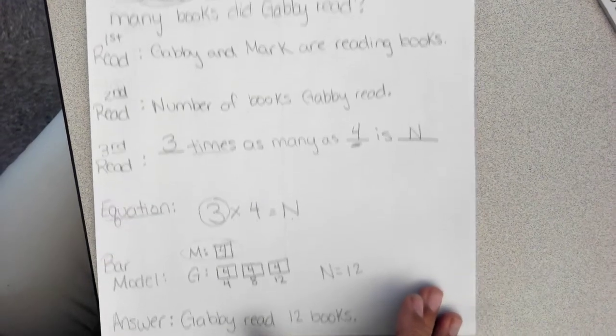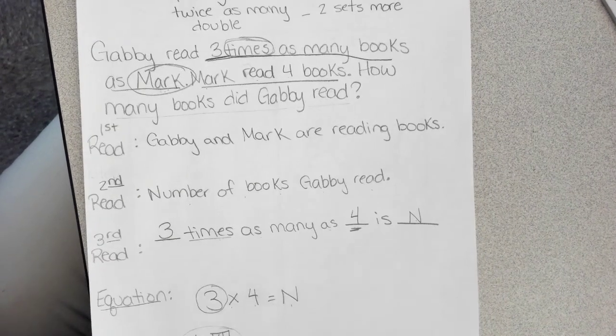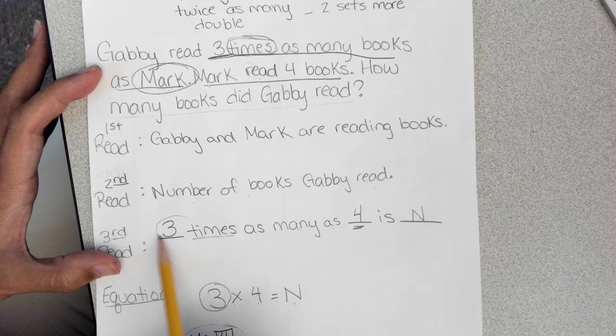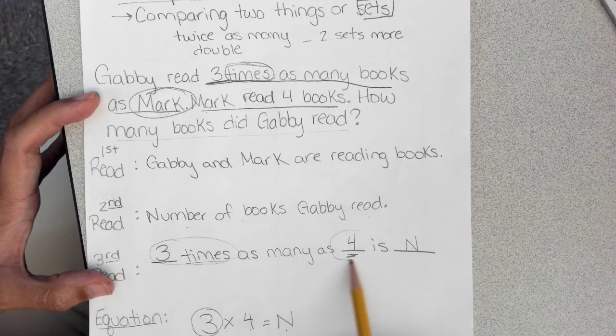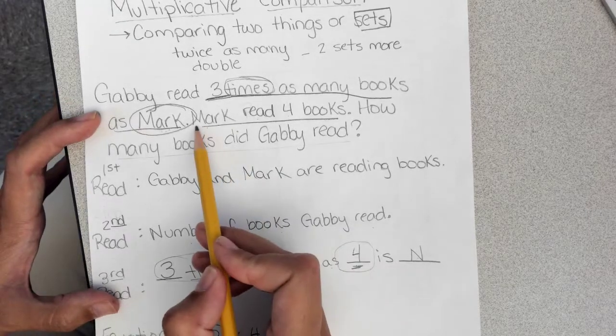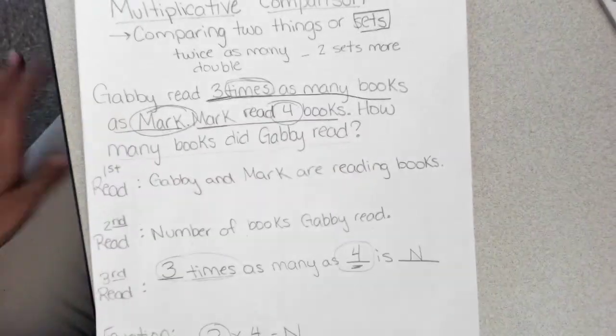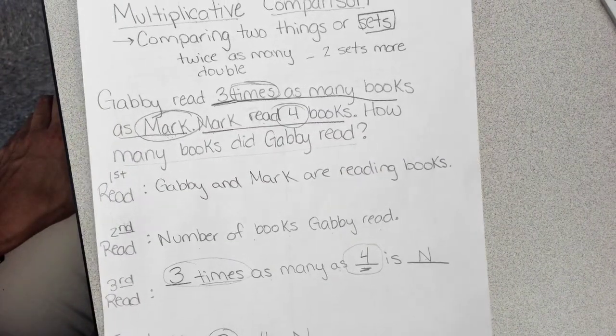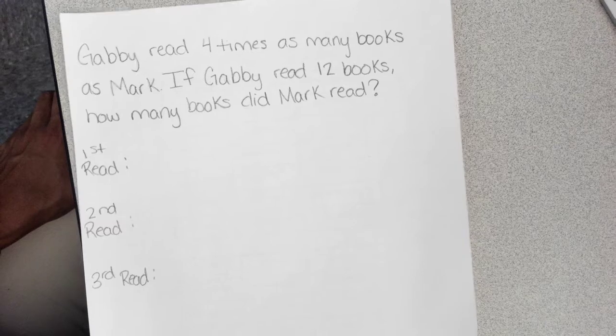Now this type of multiplicative comparison is when we know how many times and how many we are comparing to, like this one, Mark read 4. But sometimes they are not as easy. So let's look at another example, still using Gabby and Mark.